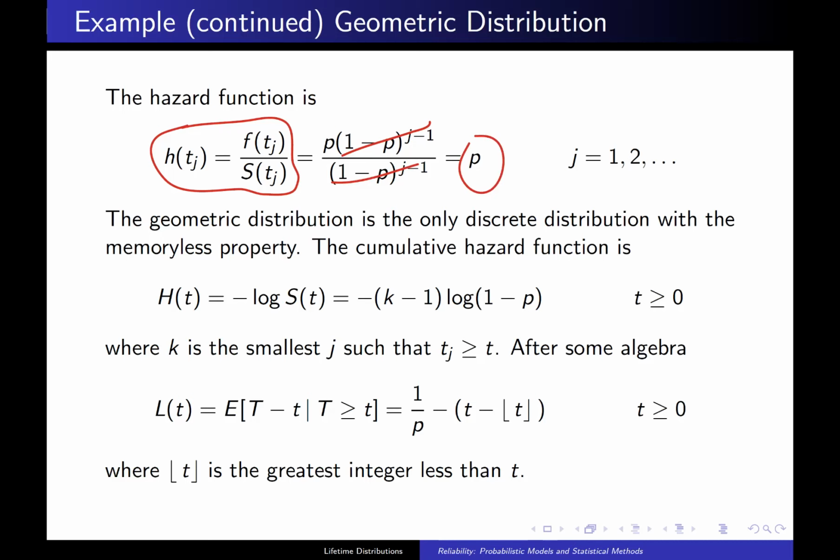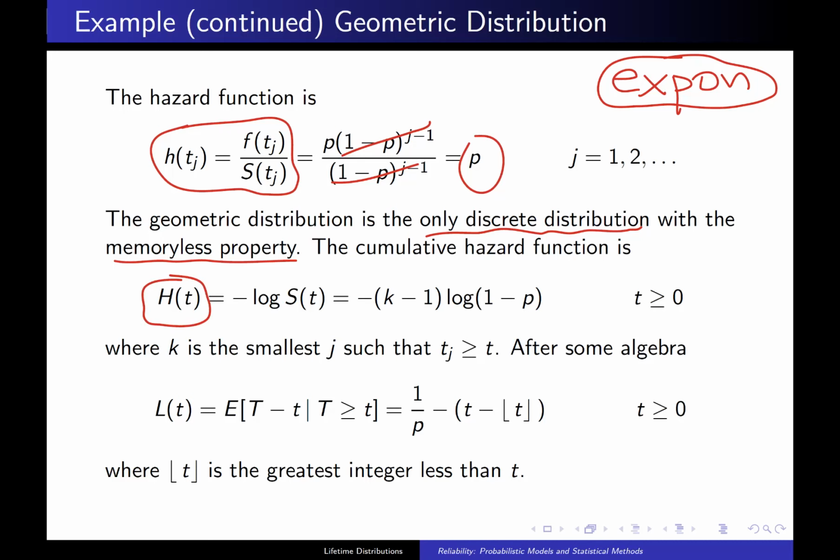So this turns out to be the only discrete distribution that has a hazard function which is constant, and so that is the memoryless property. So to review here, the exponential distribution was the only continuous distribution with the memoryless property, and the geometric distribution is the only discrete distribution with the memoryless property. So we've done 3 of the 5 so far. Let's go to the next one.